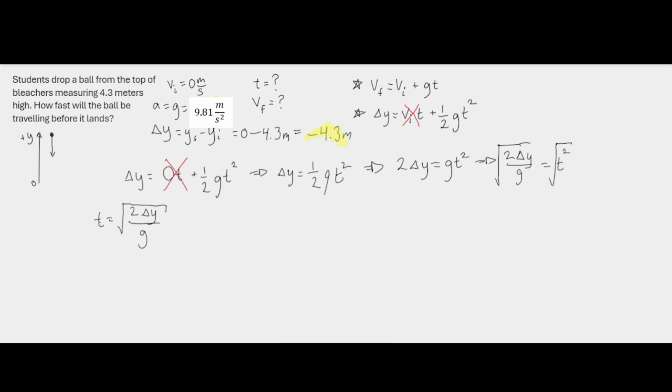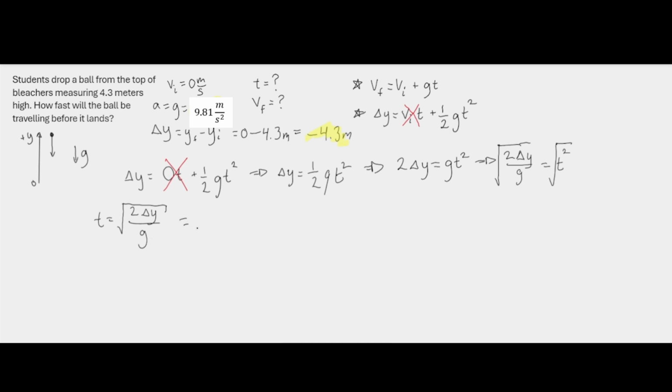That's an imaginary number. I can't do that. I need time to be positive, and I know that g is pointing in the direction of the Earth. G points downwards. Why? Because if I drop something from some height, it's going to accelerate downwards. It accelerates towards the Earth. So g needs to be negative, and delta y is negative.